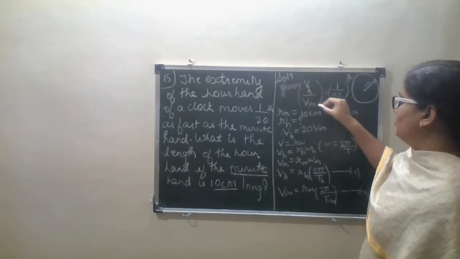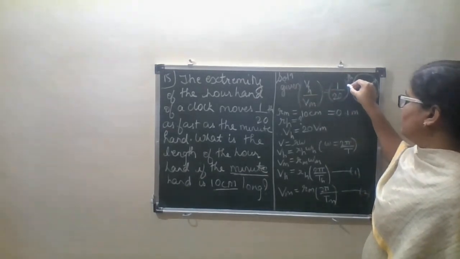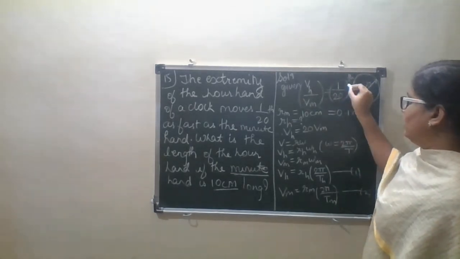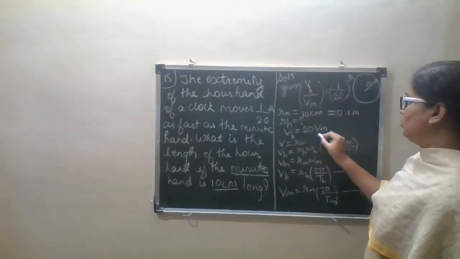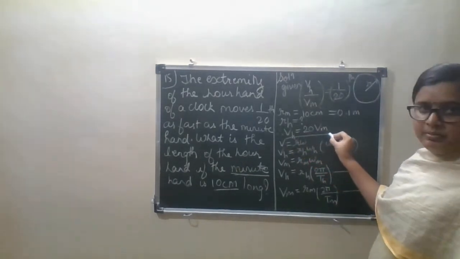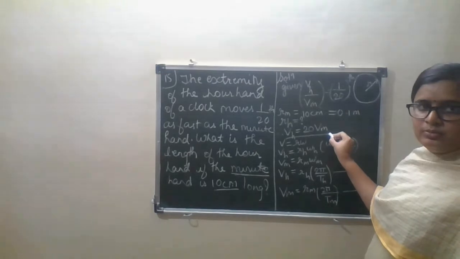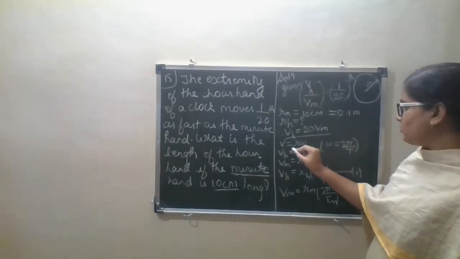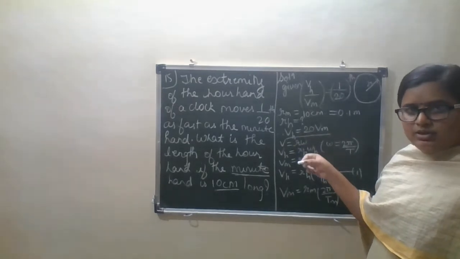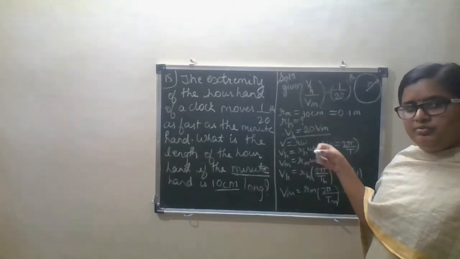Here vm and vh mean the velocity of the minute hand and the velocity of the hour hand. You should consider that.